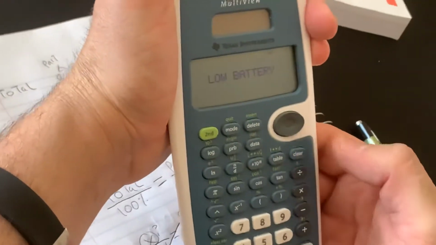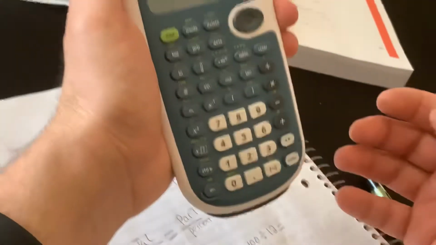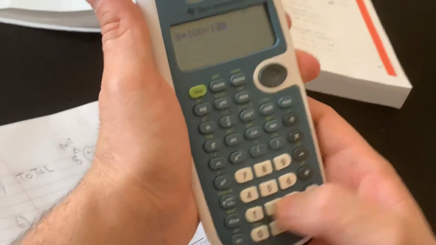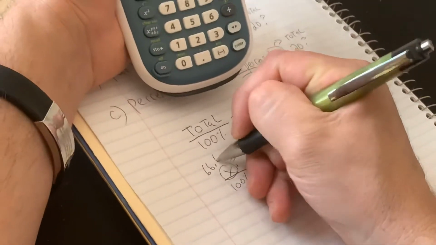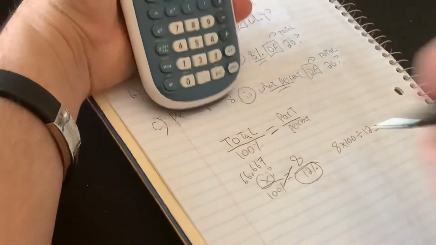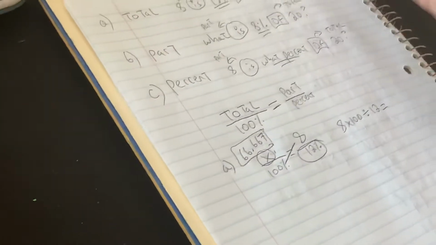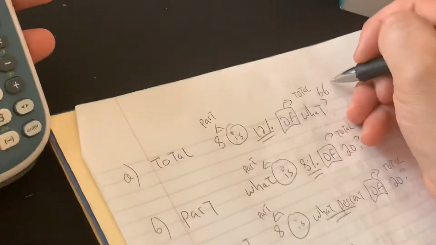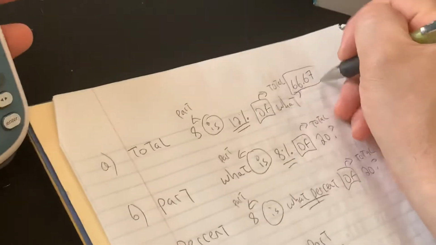Gives you a value? Well, guess what? That's your total. Maybe we could round to the tens, to the hundreds, to the thousands. We just round to whatever they're asking for. So that would be the total in example A: 66.67, or whatever they want you to round to.